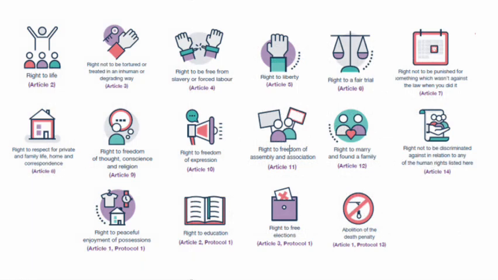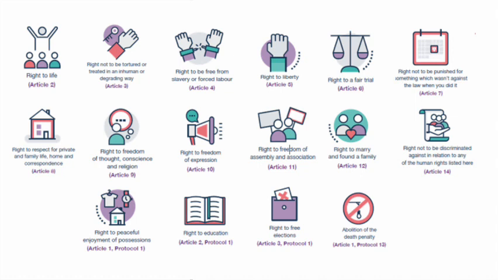Here are some of the rights that are protected for you and me underneath the Human Rights Act of 1998. Article 2 declares that we have the right to life. Article 3, the right not to be tortured or treated in an inhuman or degrading way. Article 4 gives us the right to be free from slavery or forced labour. Article 5 gives us the right to liberty.